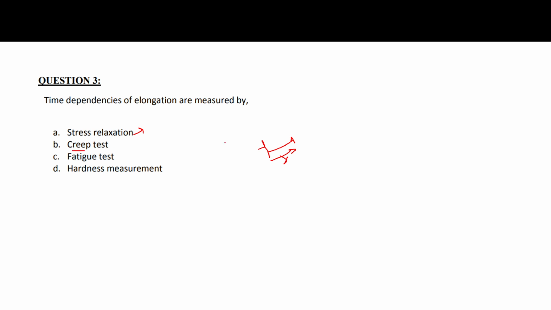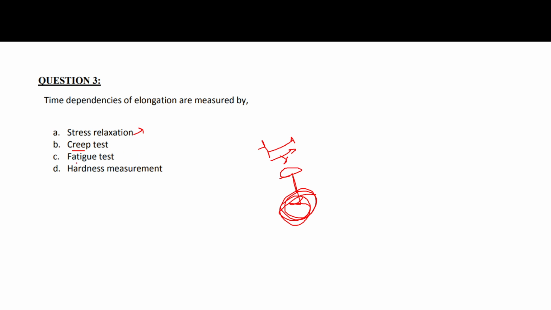The creep test is like this: you have the material and you apply some constant load, and the creep test shows how the elongation happens and how the material behaves under that constant load.